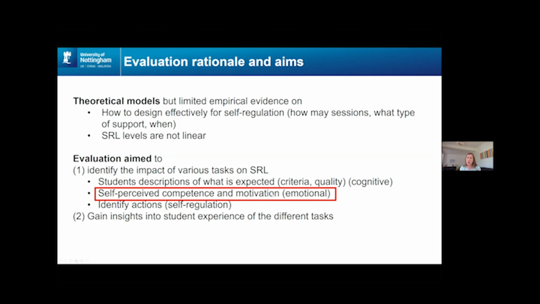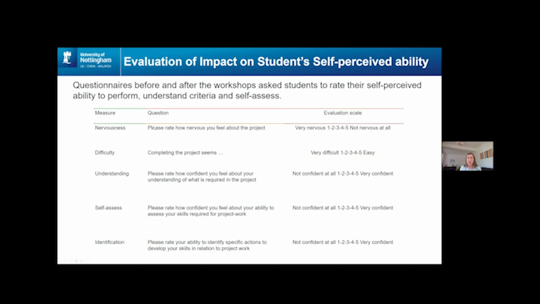So these are the workshops that we'd introduced for them. The questions that we asked them were about their nervousness: how nervous do you feel about the project before and after? How difficult, in terms of completing the project, does it seem? How did they feel about that before, and after the workshop, before they started the projects?